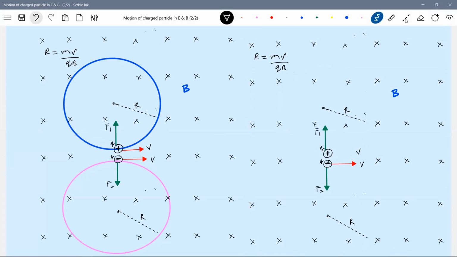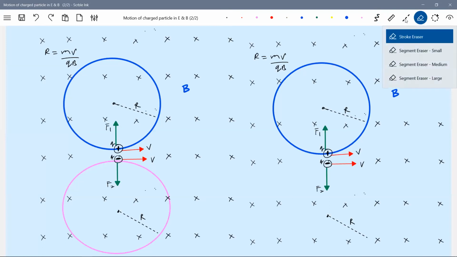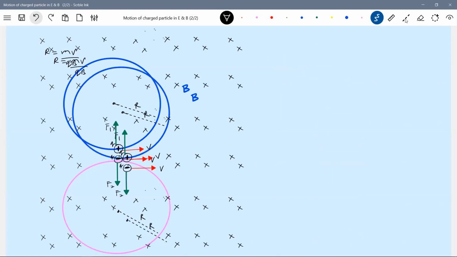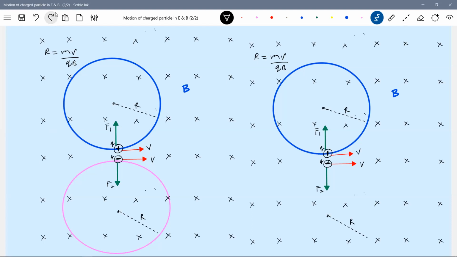Okay, now this is... I'll draw a fresh one. I think it's troubling me a lot.